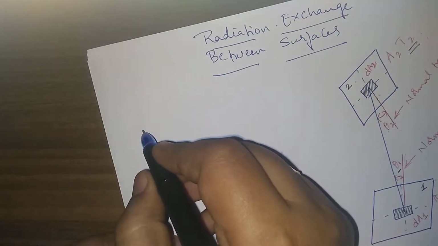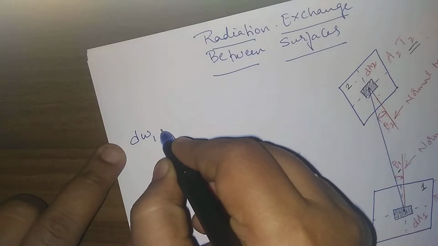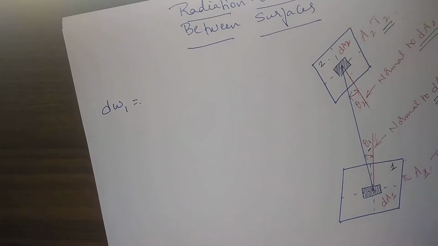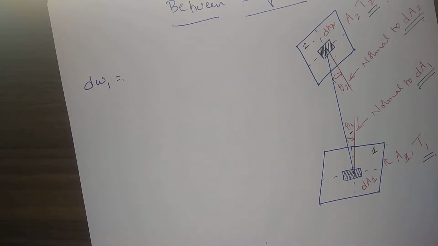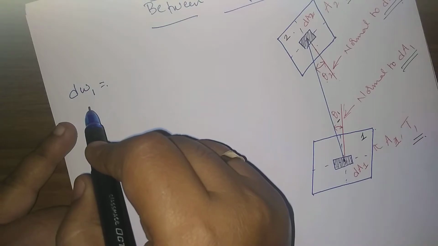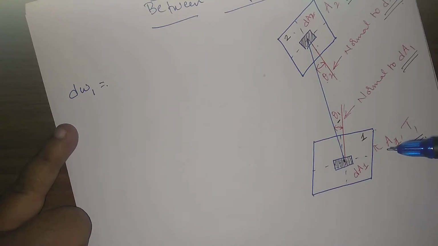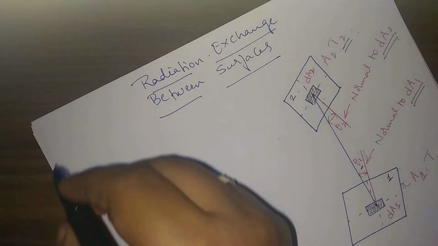Now it can be derived mathematically that the solid angle subtended by dA1 and dA2, for example, d omega 1 is the solid angle subtended at dA1 by dA2, and d omega 2 is subtended at dA2 by dA1. So we will write it here.